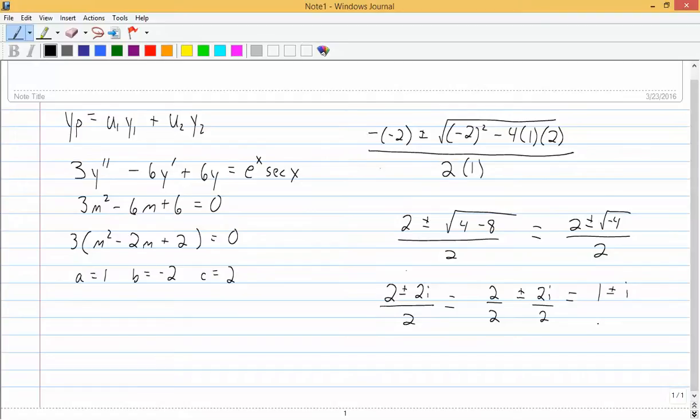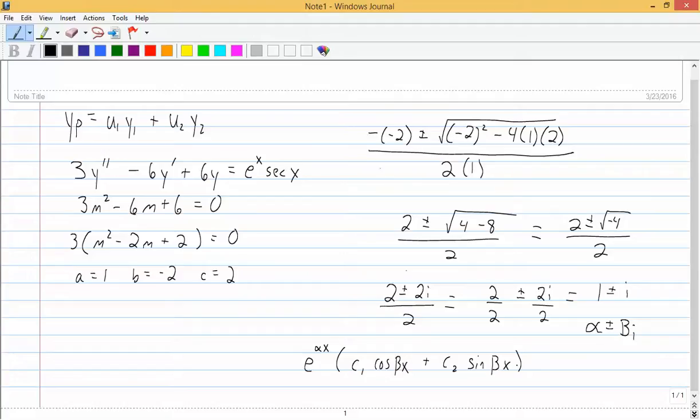Remember that complex answer is in the form alpha plus or minus beta times i, where alpha helps you form the power of e. It's e to the alpha x, times c sub 1 cosine beta x plus c sub 2 sine beta x.